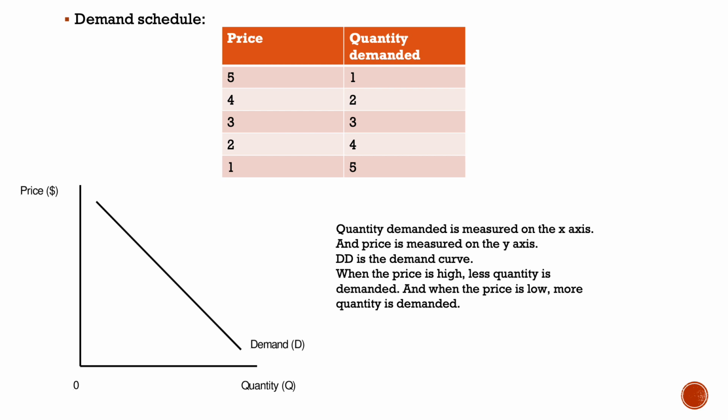So when the price is very high, the demand is less, and when the price is less, the demand is high. So the demand curve is sloping downward, meaning there is a negative relationship between the price and quantity demanded, which means that there is an inverse relationship between price and quantity demanded.